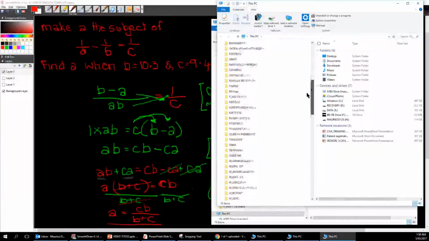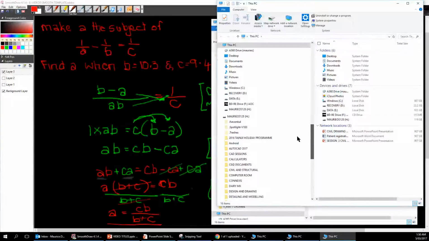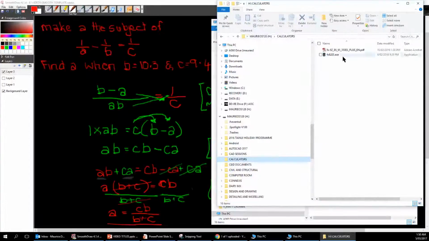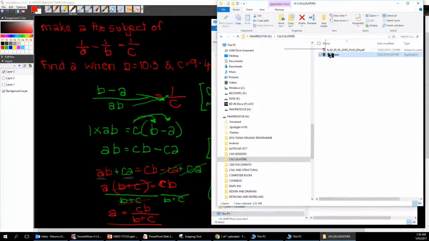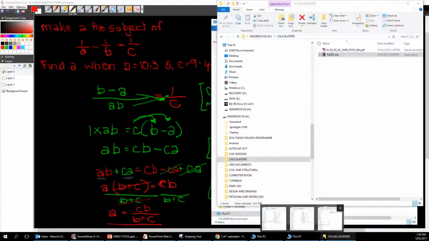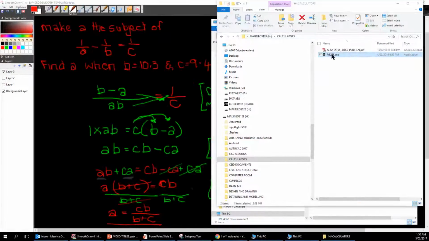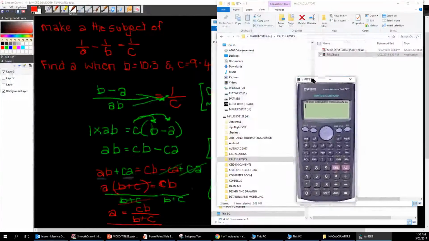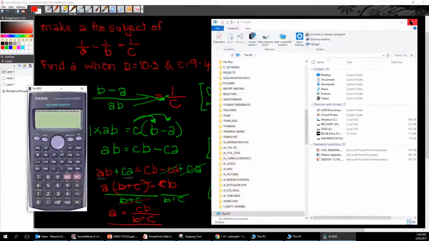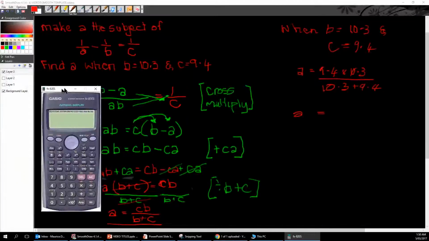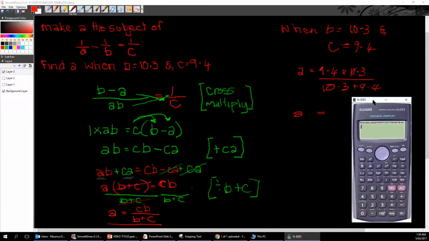Can't remember quite where. Might need to use my mouse. Oh, there it is. There's probably 6 versions of it now. Okay, so let's get rid of that. And here's our calculator over here, ready for a bit of action.